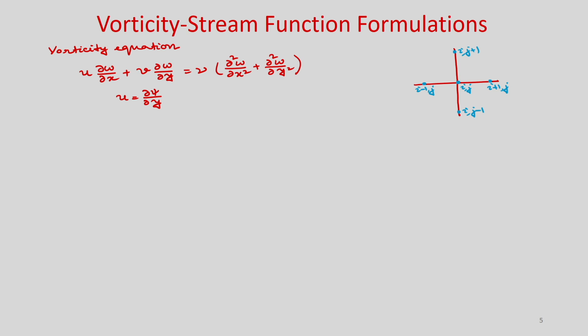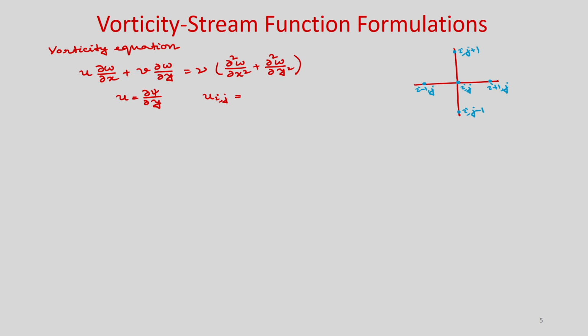Okay. So, now if you want to find the value of u at point (i,j), then you can discretize u(i,j) equals del psi by del y. It is the first derivative, so you can use some second order approximation.